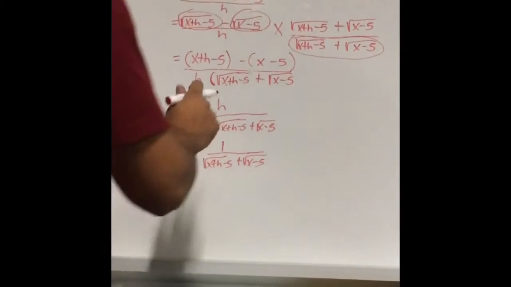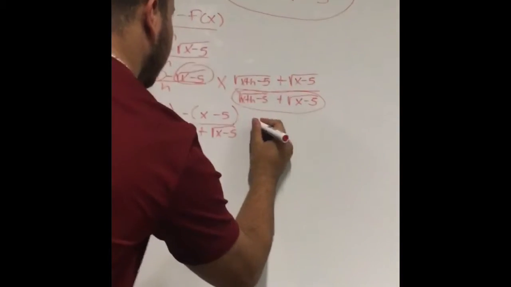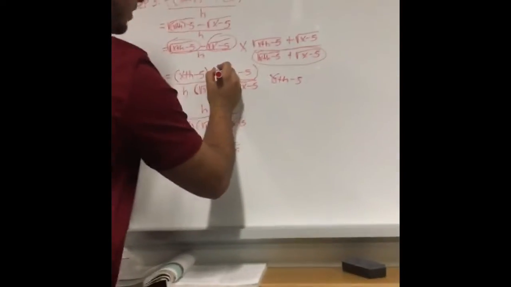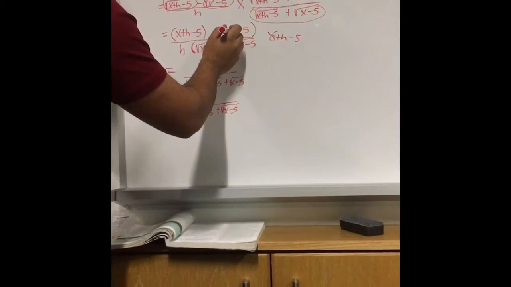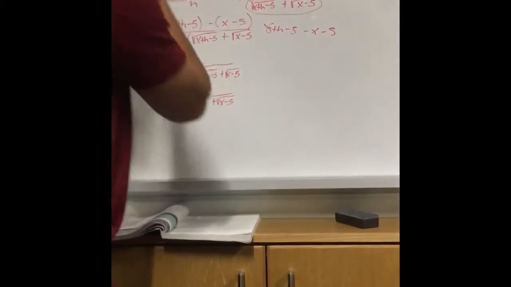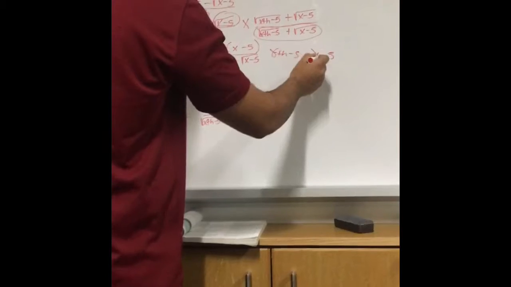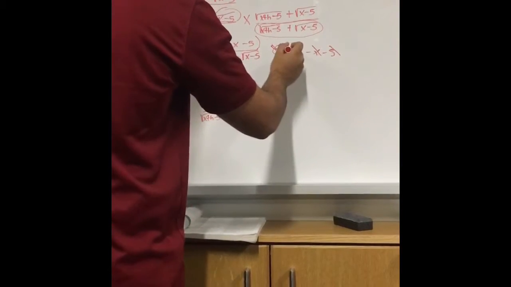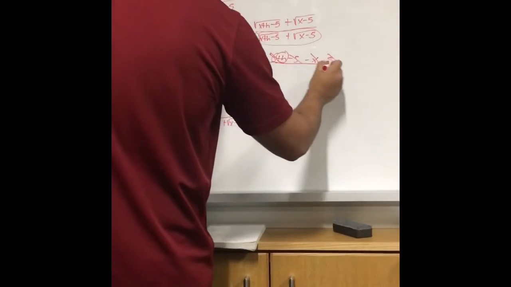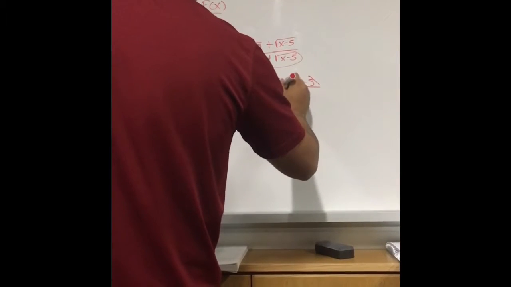That gave us x plus h minus 5, and then expanding the negative into this gave us negative x minus 5. By canceling out the x's and canceling out the 5s, that leaves us with h on top, all over h times the bracket of the roots.